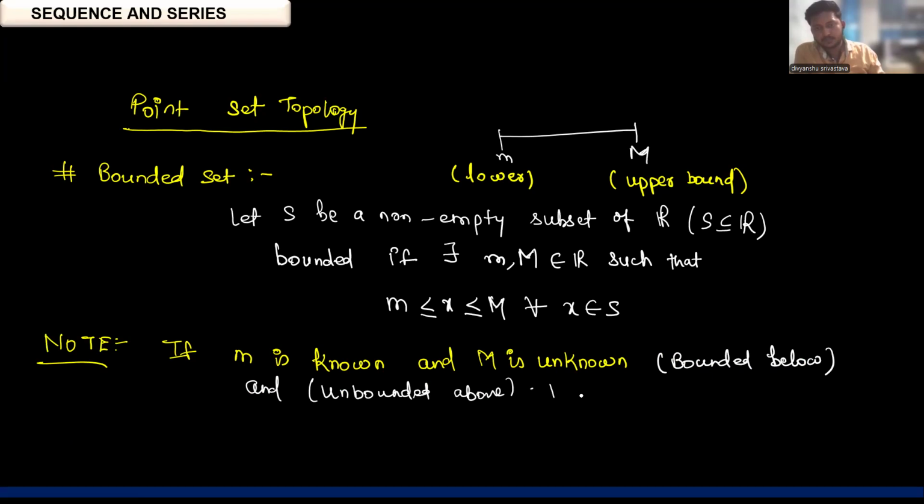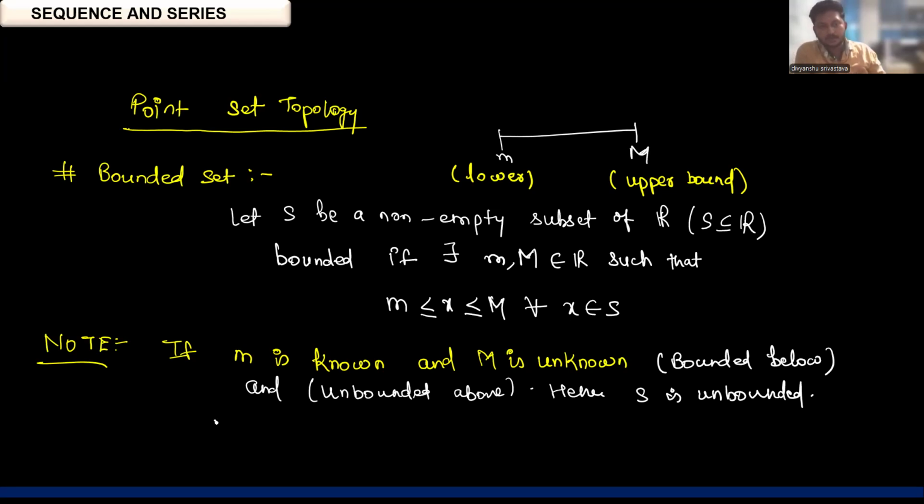Hence, S is unbounded. If a lower bound is known, then it is bounded below, and the upper bound is unknown, so S is unbounded.